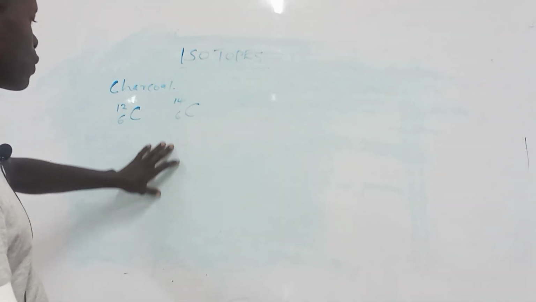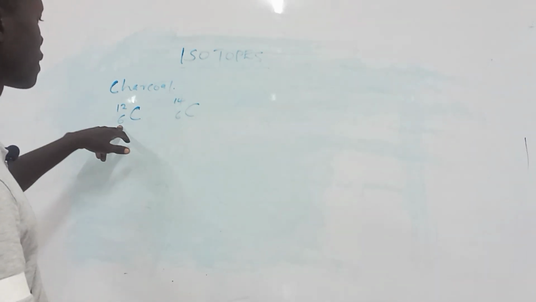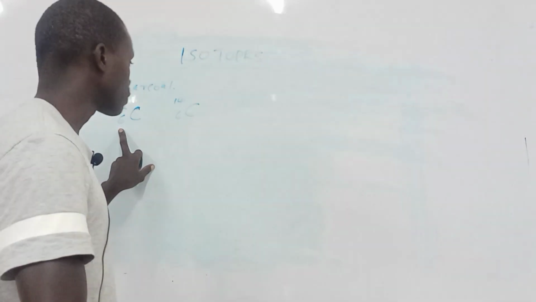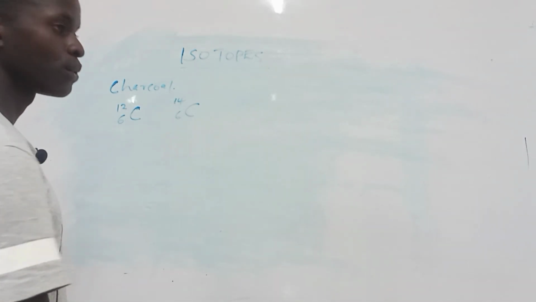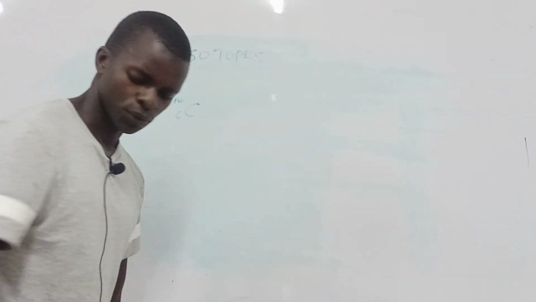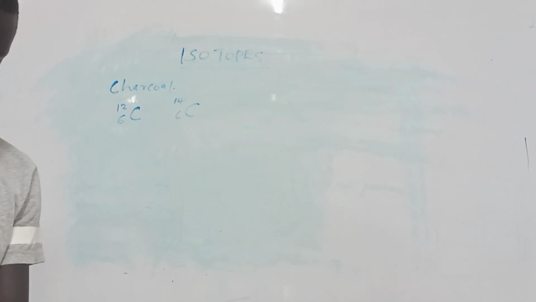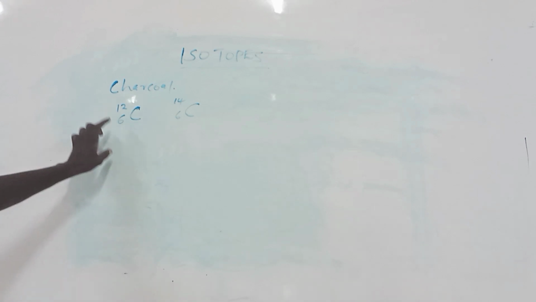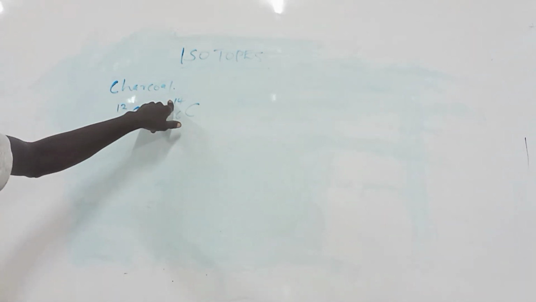Protons are the same, which is 6, the atomic number, which is the same as the number of electrons. The difference comes in the number of neutrons. This means that they have the same atomic number but different mass number.